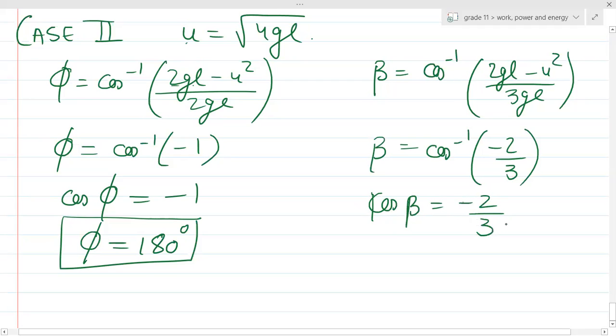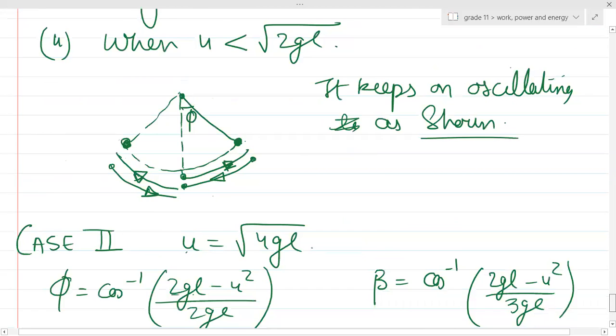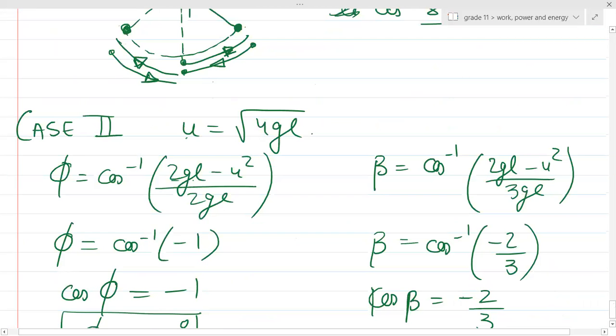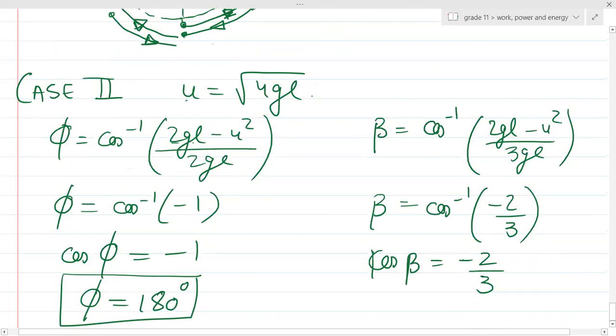Cos is negative. In which quadrant is cos negative? Since we are talking about only the first and second quadrant, in the first quadrant everything is positive, right? And is cos negative in the second quadrant?